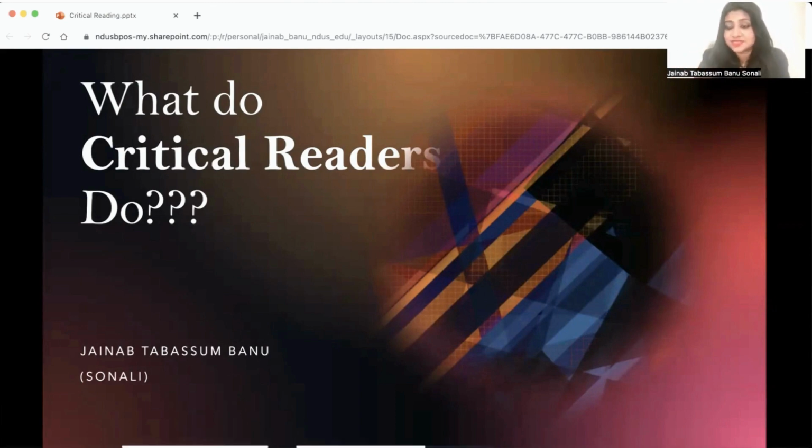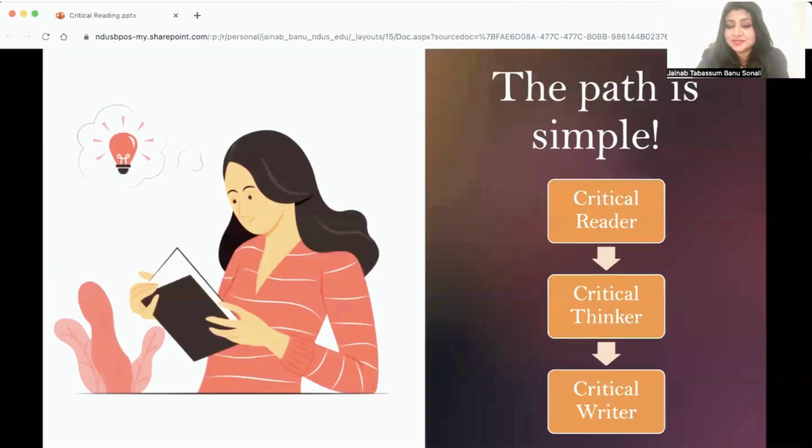So the path is really simple. Critical reading leads you to the path of critical thinking. So when you read a text critically, you are actually thinking about it. You are thinking about not just the text, but also about so many things. We are going to talk about that today. And then when you think critically, you can write critically.